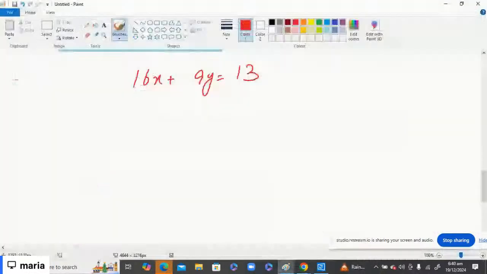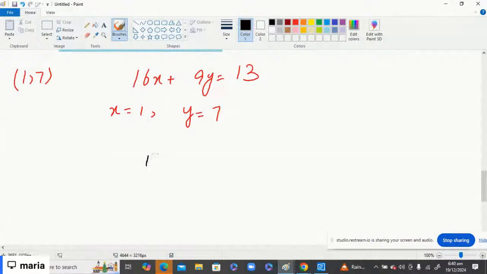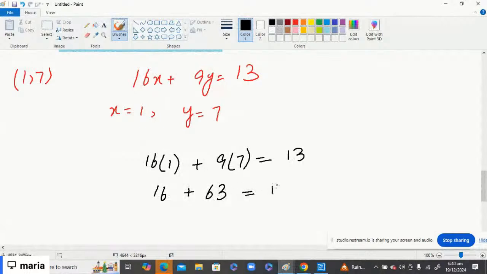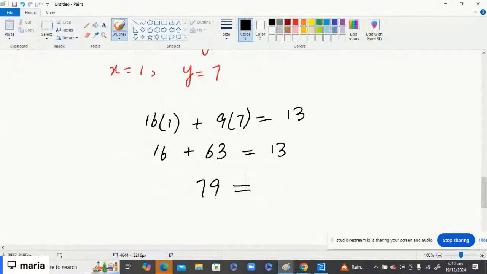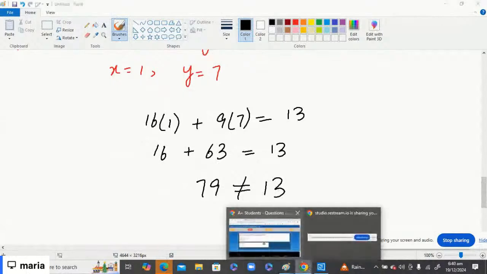Your value of x is 1, your value of y is 7. Putting in 16 with the 1 plus 9 into 7 equals 13. 16 times 1 is 16, 9 times 7 is 63, which is not equal to 13. So this is not a solution set of this one. Okay, so we can say that no.